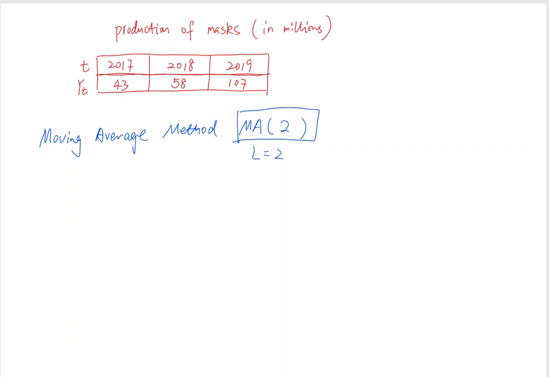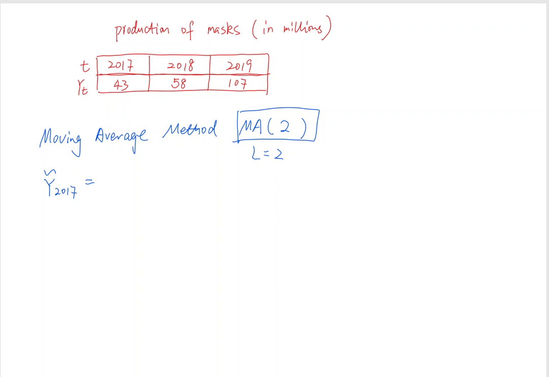If you want to make the predictions, you first need to calculate the estimated value at time t. So let's talk about the estimated value for 2017 from the beginning. By the formula, if L equals 2, we need to average the previous 2 observations including this point.